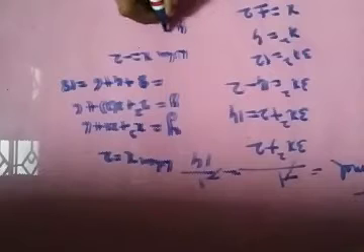When x is equal to minus 2, y is equal to minus 8, minus 4 plus 6, which is equal to minus 6.